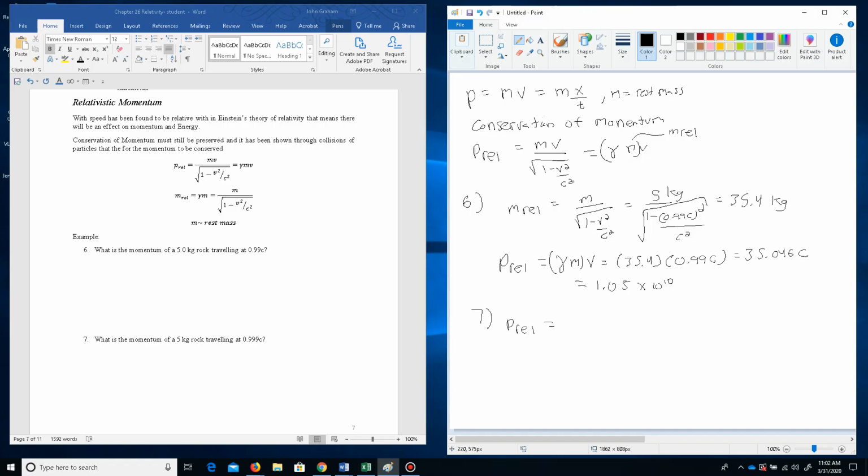So relative momentum is our rest mass, which is 5 kilograms, times the speed, which is 0.999 c, over square root of 1 minus 0.999 squared, c squared over c squared, so that cancels.